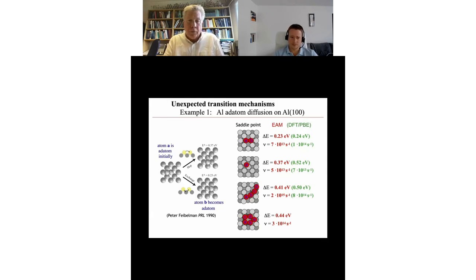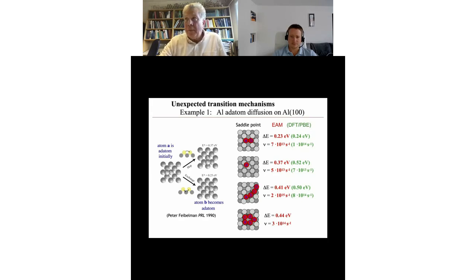Yeah, you're absolutely right. So this is an example where NEB calculations are likely going to give you the wrong results. I mean, the NEB simply converges onto the minimum energy path that's closest to the initial guess. Right. So this is an example where you would get the wrong results with an NEB calculation, assuming the final state of the hopping atom.